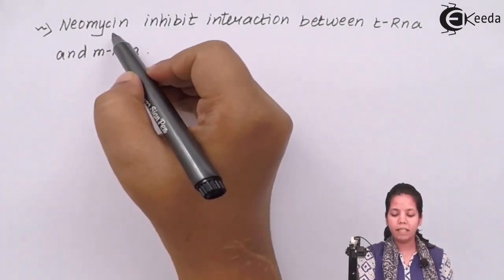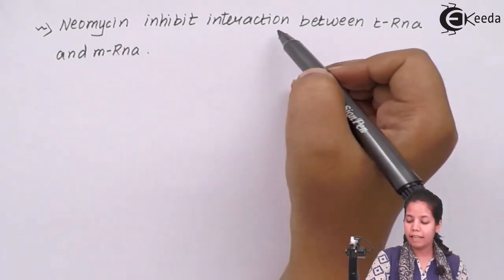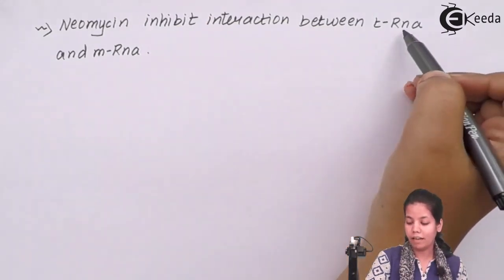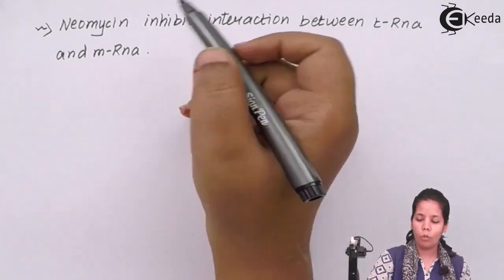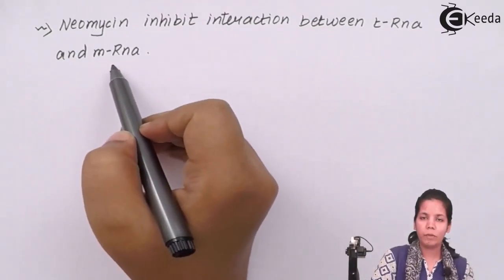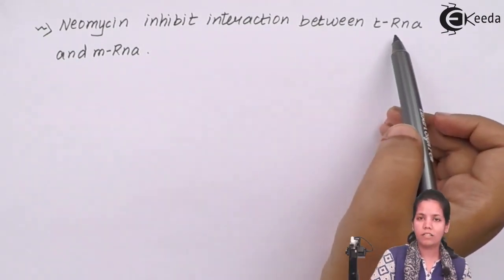And lastly, the antibiotic neomycin. What neomycin does is, it inhibits, or you can say it stops, the interaction between tRNA and mRNA. And we all know that mRNA is your messenger RNA, which will have genetic information for the protein synthesis, whereas your tRNA is the transfer RNA.